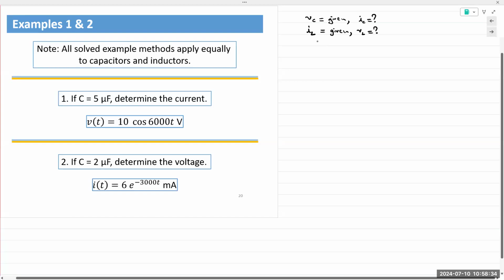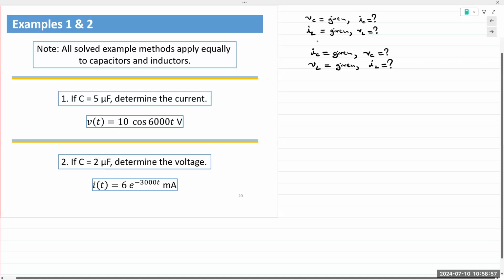And the other side would be that a capacitor current is given, and we are asked to find capacitor voltage. Same example for an inductor would be VL is given, and we are asked to find IL.